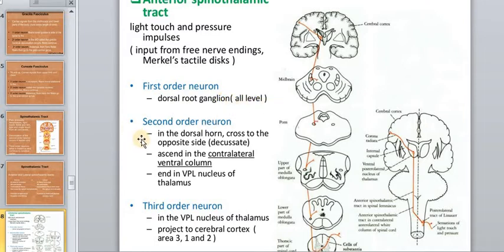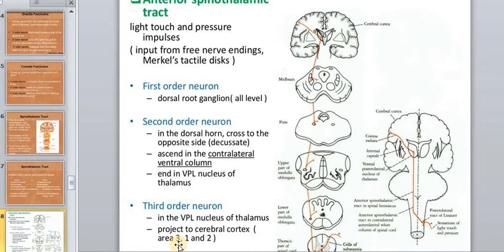Second order neuron in the dorsal horn crosses to the opposite side, ascends in the contralateral ventral column, and in the ventral part, the nucleus of the thalamus. Third order neuron moves in the thalamus and projects to the central cortex area.